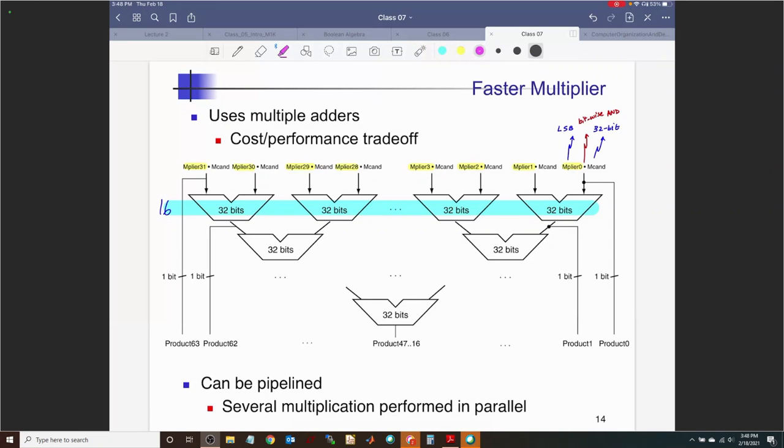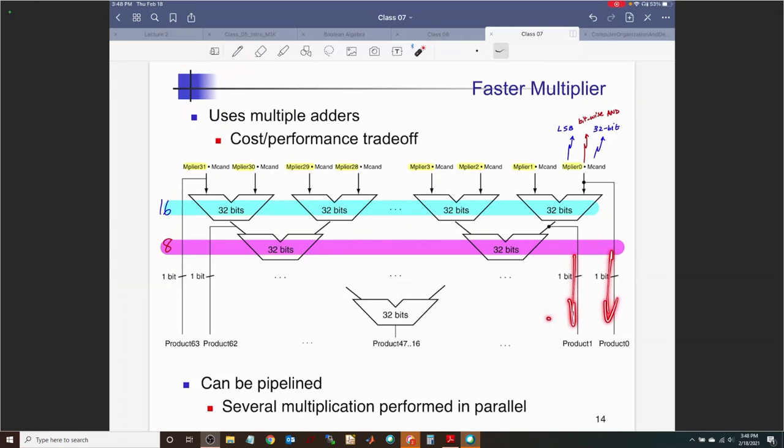Let's label that as the pink level. How many are you going to have over there? 8. Then you will have 4. Then you will have 2. Then the last one is your 1. And the way you get your result is the least significant bit, and so on up to the 15th index.